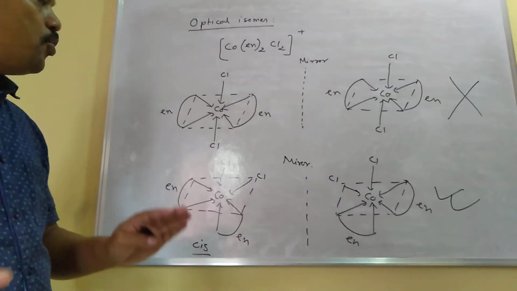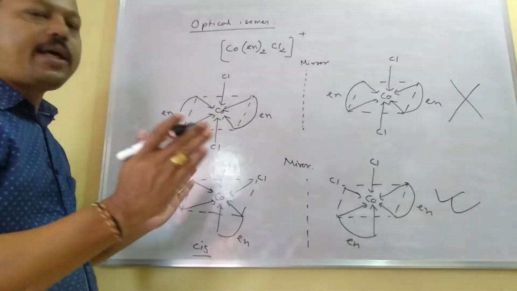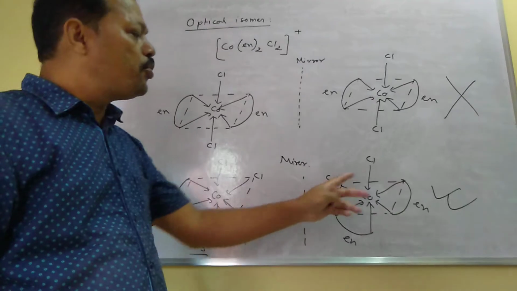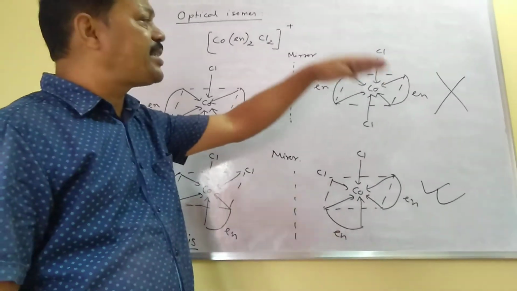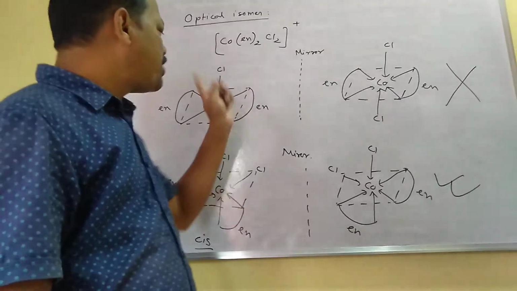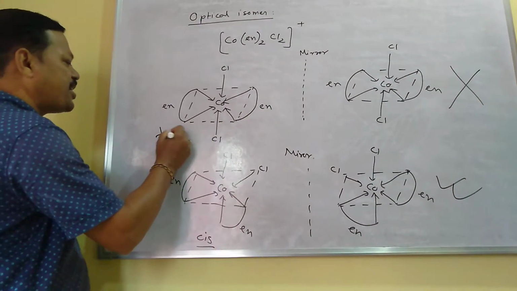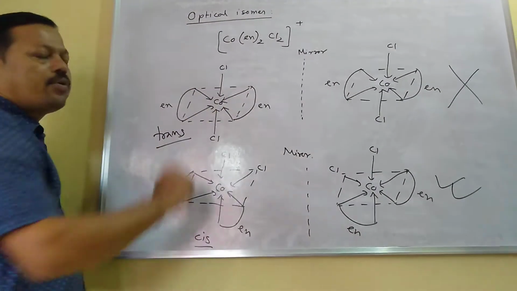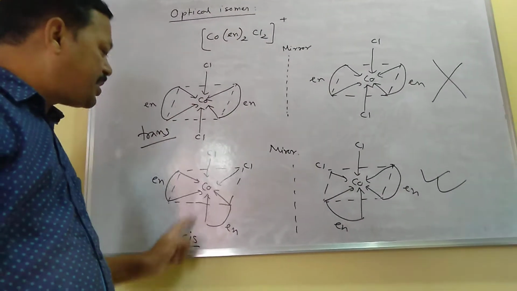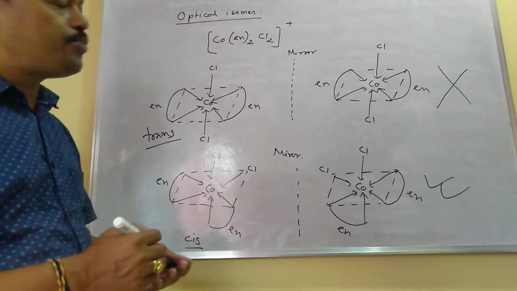So when you draw the optical isomer of some complexes, you consider one mirror and look at the mirror image. If the mirror image is exactly the same, that type of complex cannot show optical isomer. So this is the trans isomer. I mean the trans isomer cannot show optical isomer, but the cis isomer can show optical isomer this way.